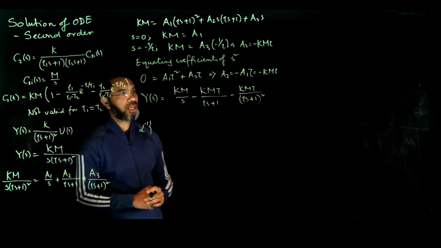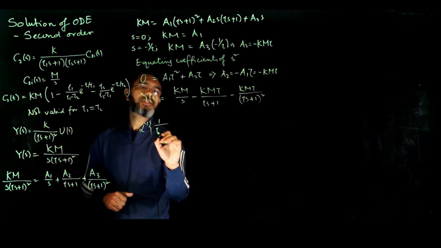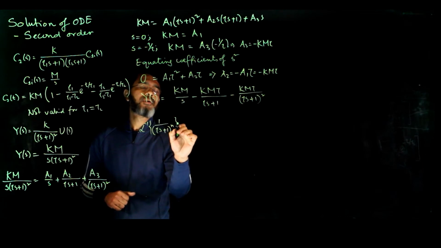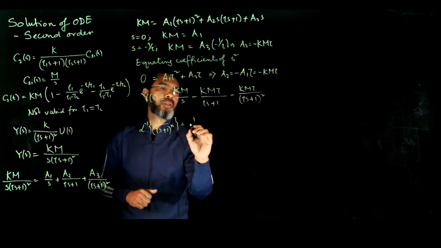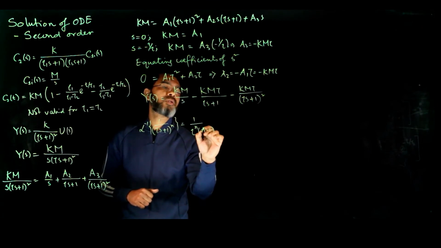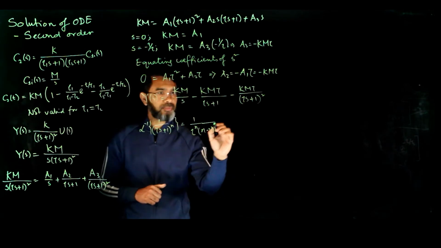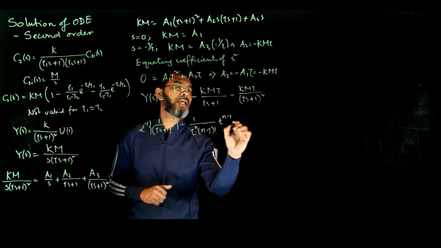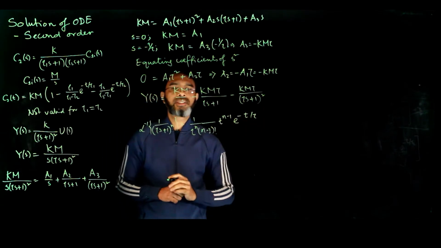So let's just use the common expression for the inverse Laplace of 1 over (tau s plus 1) to the power n. For a general term like this, we'll have 1 over tau to the n times (n minus 1) factorial, times t to the n minus 1, times exponential of negative t over tau.